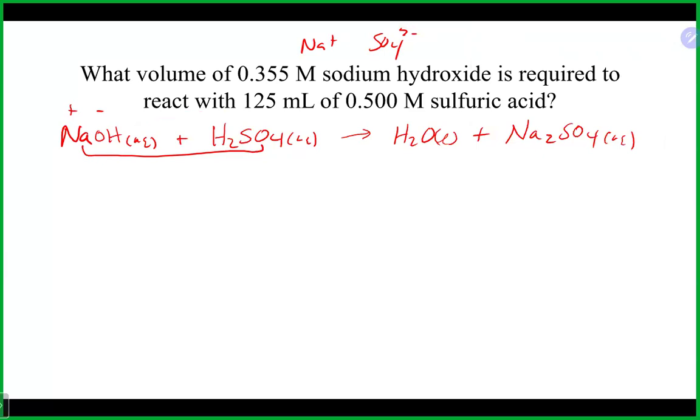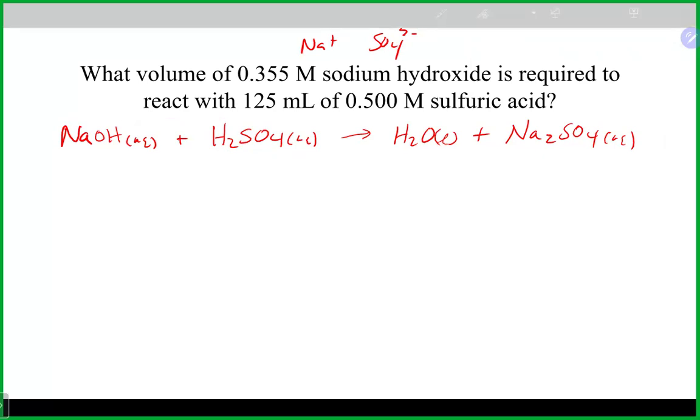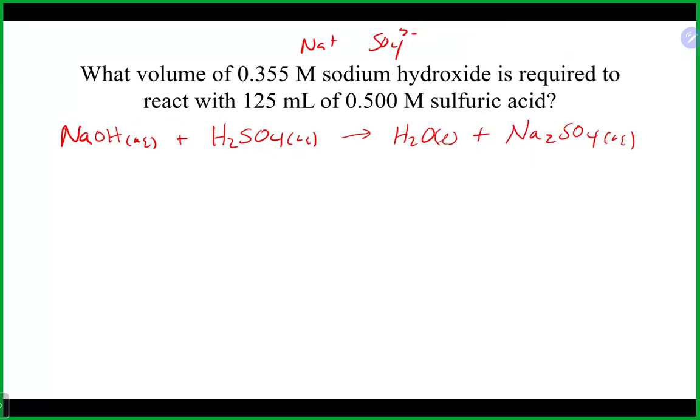And once you have all the right formulas, we then want to make sure that the equation is balanced. In this particular case, it is not balanced, and we do need some coefficients here. I believe we need a 2 there and a 2 right about there. And now we have a balanced equation.